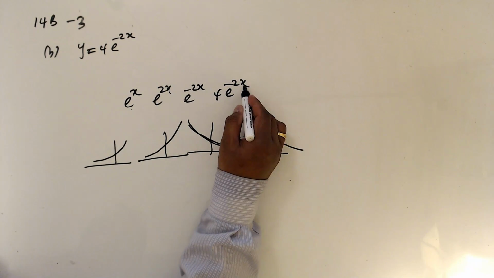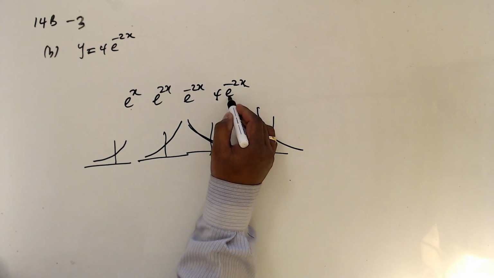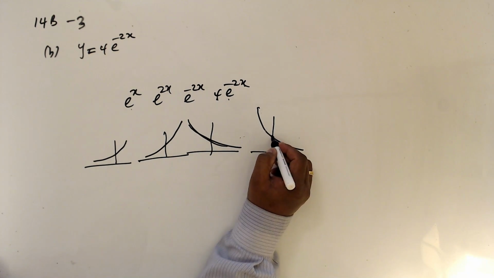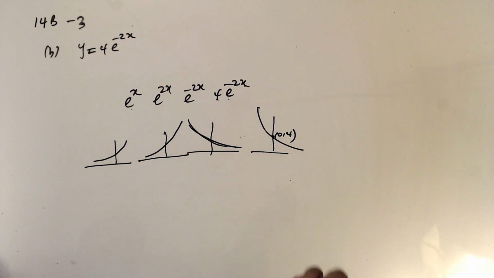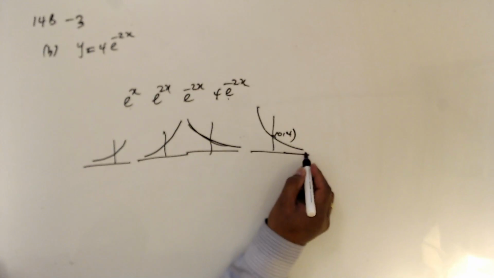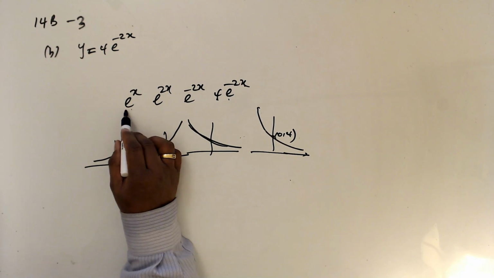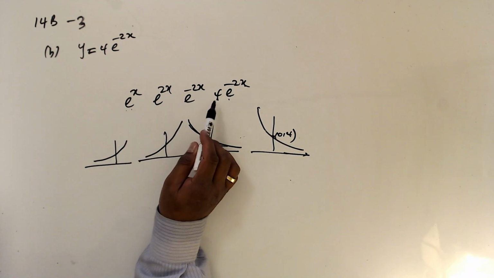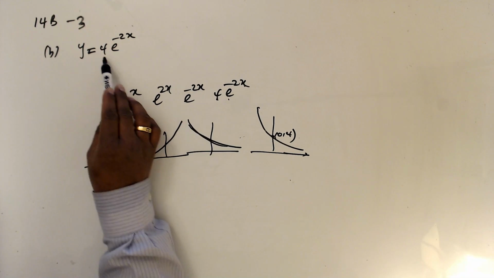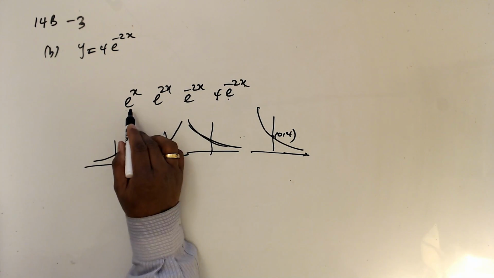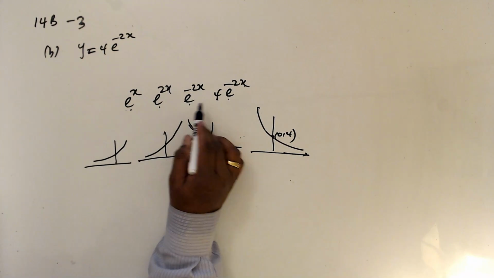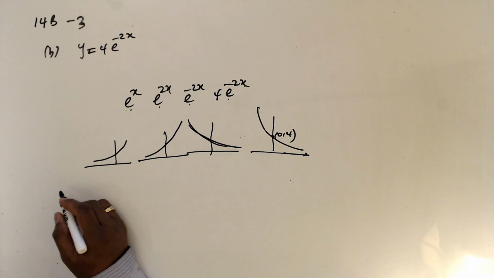And when x equals 0, e^0 is 1. So this is going to be (0, 4). I use my e^x knowledge to adapt for this one: e^x, e^(2x), e^(-2x), 4e^(-2x).